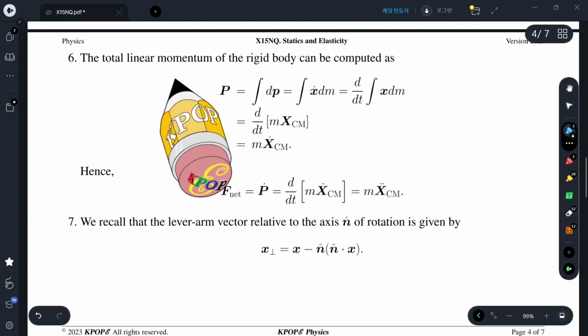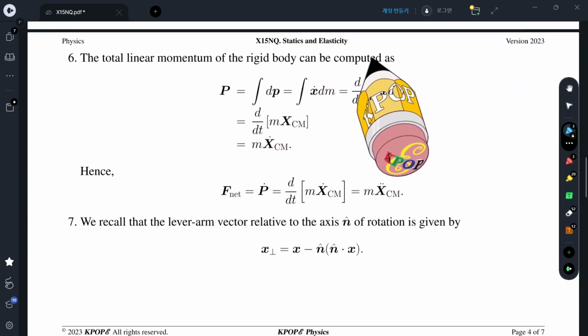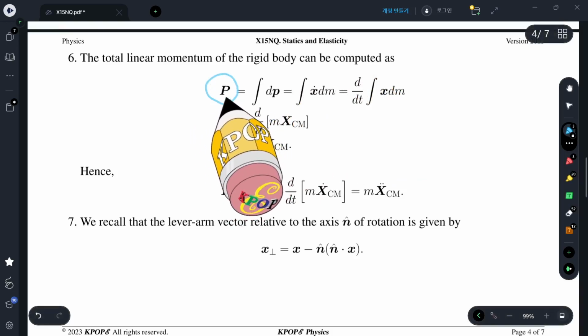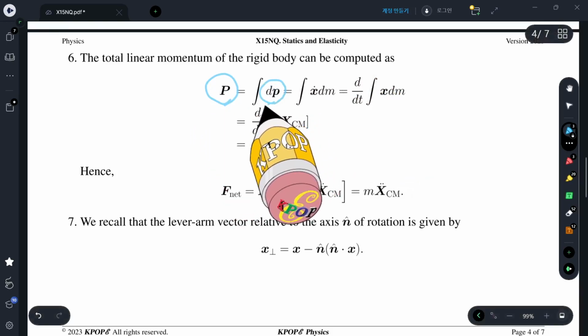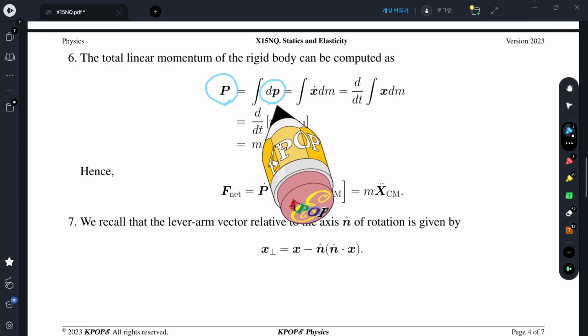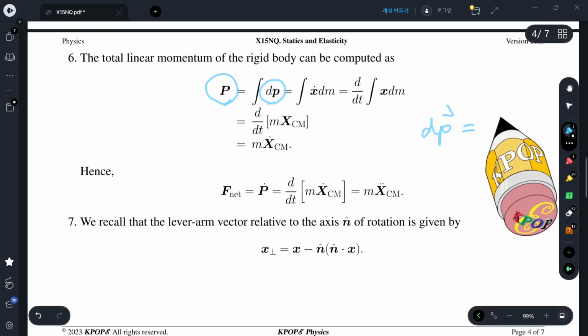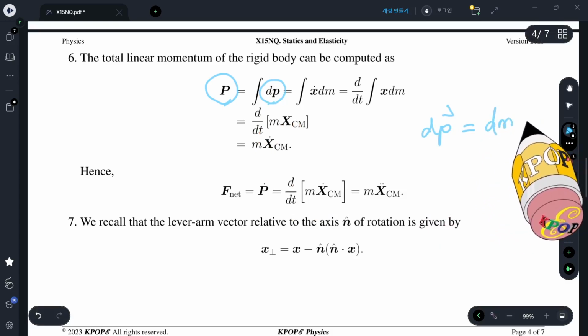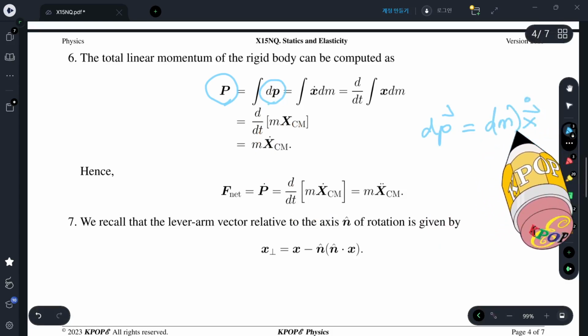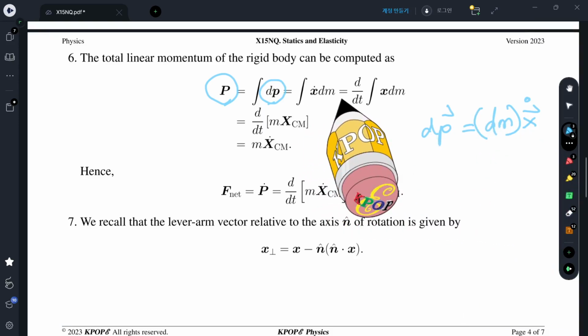The total linear momentum of a rigid body can be computed. The total linear momentum is the sum of small linear momenta, and a small linear momentum is a small mass multiplied by its velocity, so we have x dot dm.